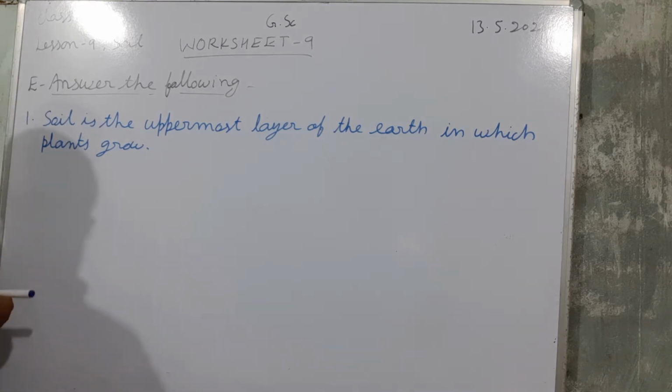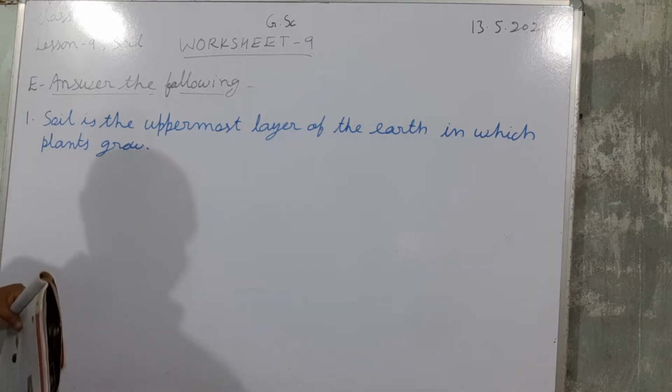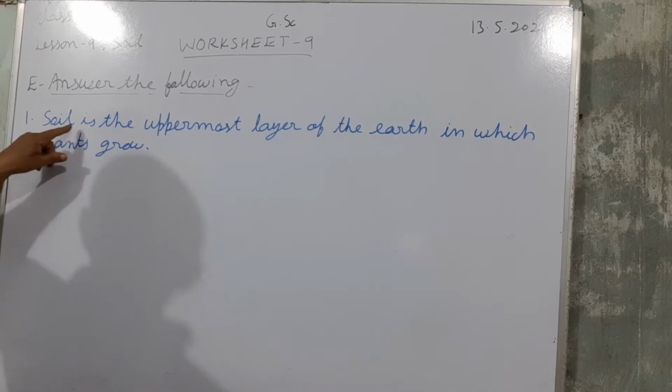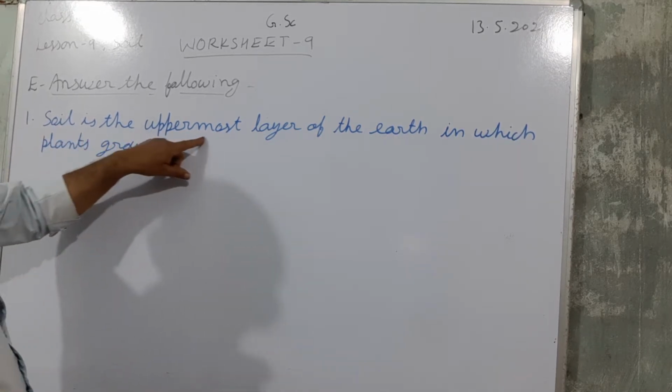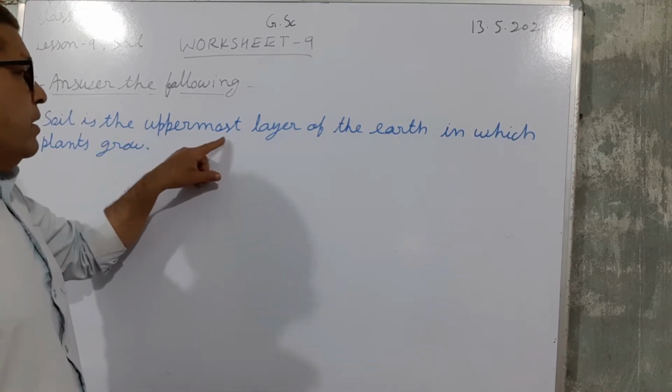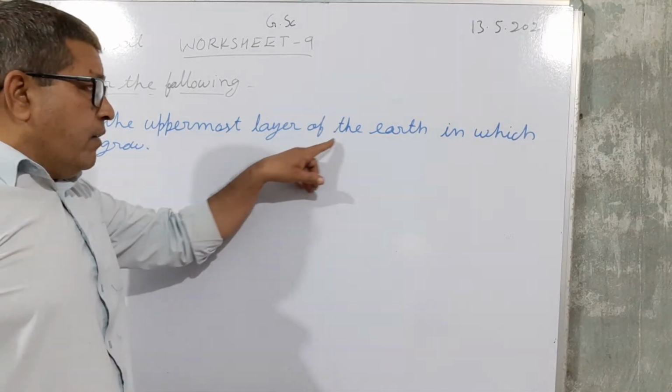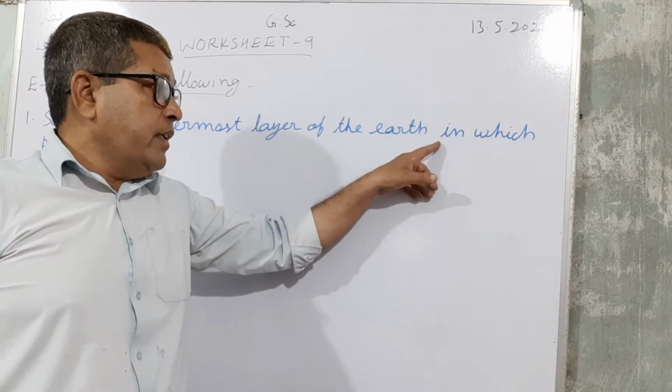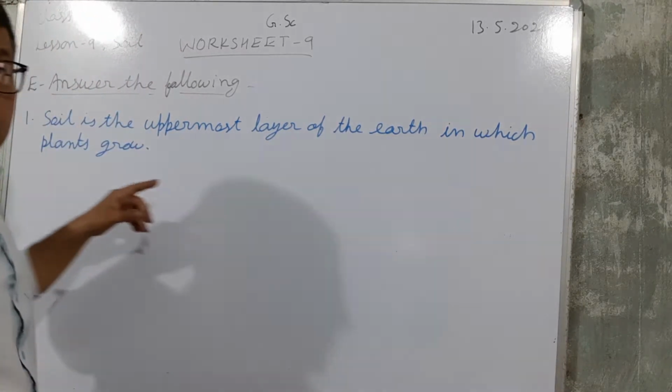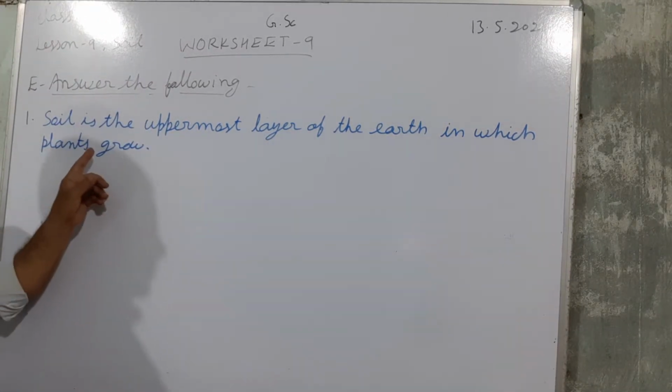So what is soil? The soil is the uppermost layer of the earth in which plants grow.